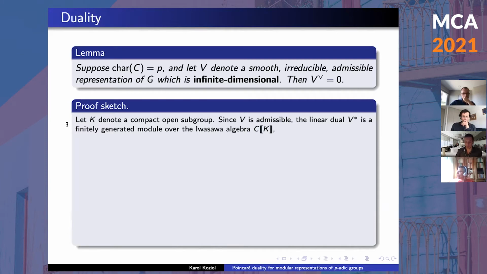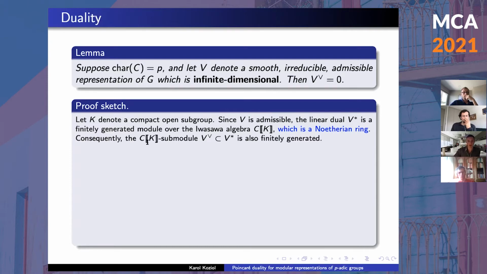And the important feature of characteristic P is the following result. It's that this Iwahori algebra, when the coefficient field has characteristic P, is actually Noetherian. This is a feature which no longer holds if the characteristic is different from P. So I have this Noetherian ring, which means that this submodule, this smooth dual, is also going to be finitely generated.